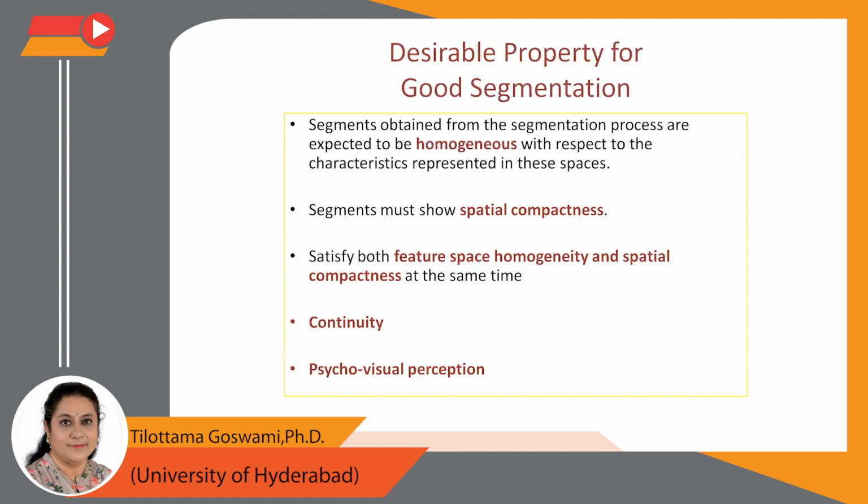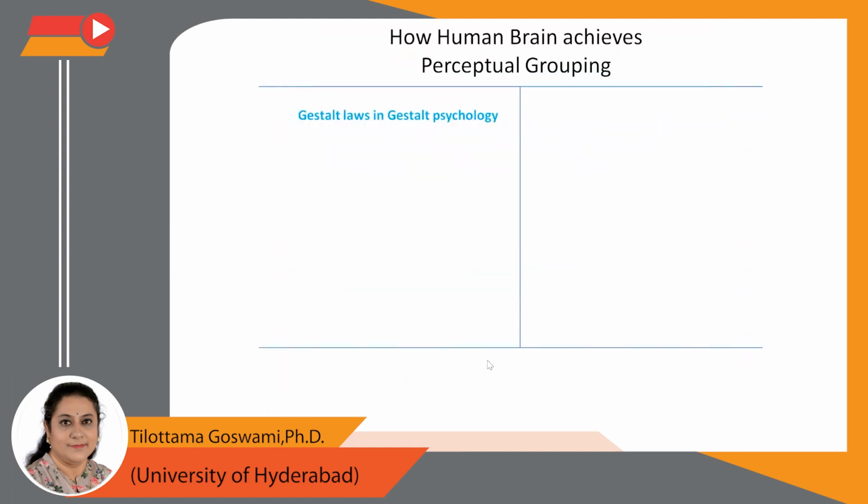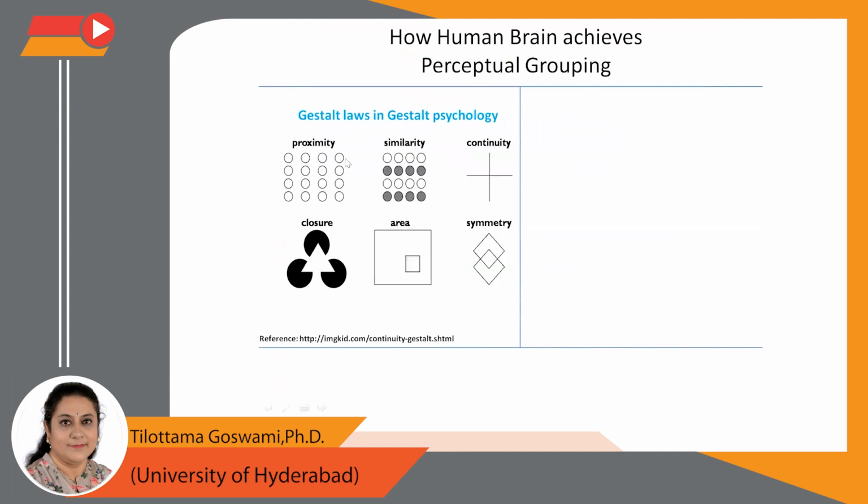How does the human brain achieve this perceptual grouping? It is based on Gestalt's laws and Gestalt psychology, where there are certain laws like proximity and similarity, where we can see the black circles are similar compared to the white circles.